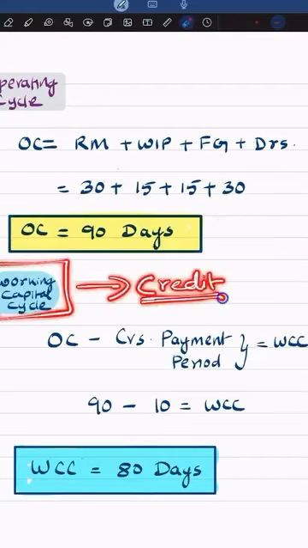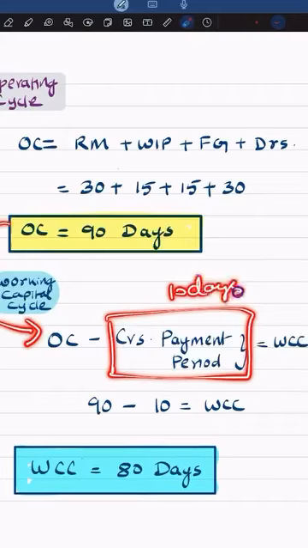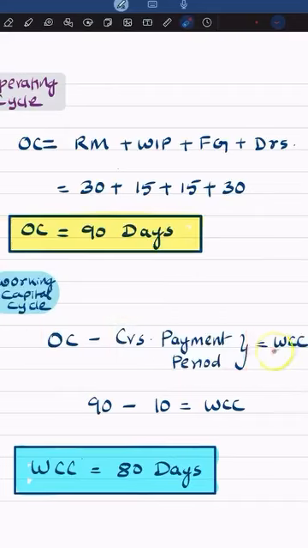But working capital cycle will look at the other sources of credit available for this working capital. Already we have calculated operating cycle is 90 days. But we know creditors are giving 10 days of credit, right? So if we knock off that, we will get working capital cycle. 90 is what this business normally maintains, but 10 days is already supported by the creditors.